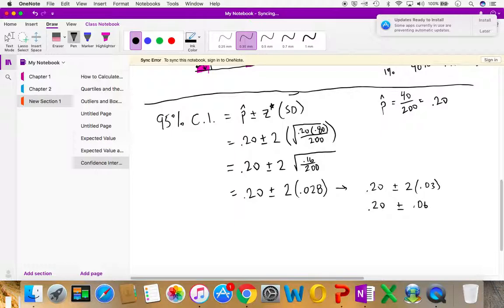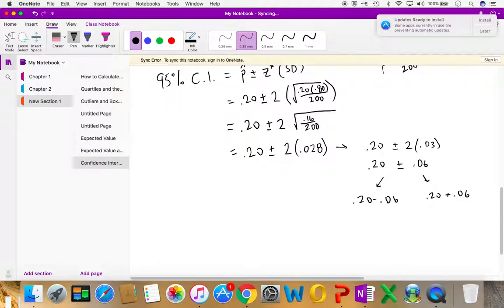So I'm going to add it and subtract it. And I always like to make two little equations here. Just helps me. So 0.20 minus 0.06, 0.20 plus 0.06. And we're left with 0.14. And then over here we're left with 0.26.